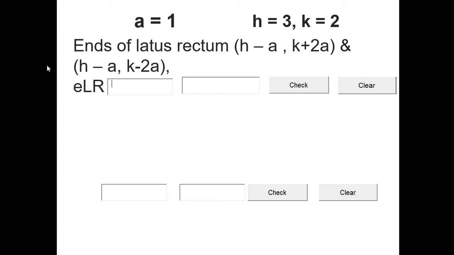Yeah, Lance. 2, 4, and 2, 0, sir. 2, 4, and? 2, 0, sir. 2, 0 daw. 2, 4, 2, 0. Let's check. 2, 4, 2, 0. Tama, Lance. 2, 4, 2, 0 are the endpoints of the latus rectum.